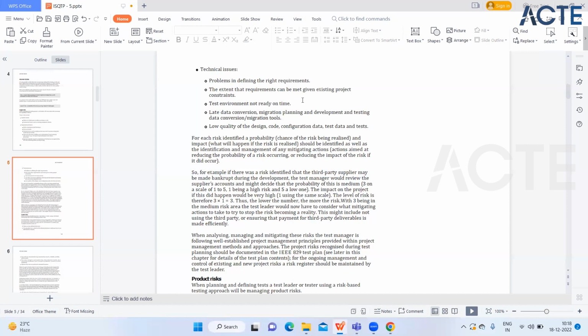And after that, development and testing of data conversion migration tools, they're not properly following what tool should be used for migrating the data, and they're just telling you to perform the testing. So it's a kind of risk. Maybe at another time they will tell you that you have to perform the testing on this environment now.